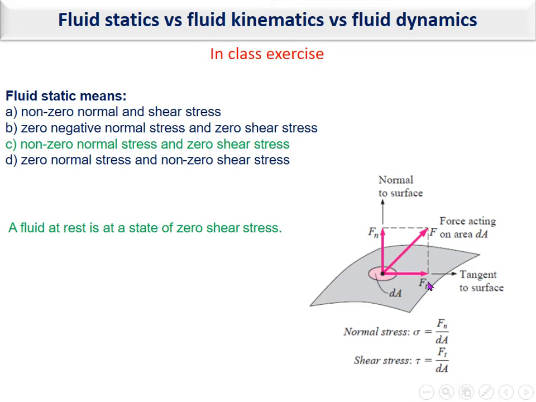So for a fluid at rest, the forces are always normal to the surface, because if it had an angle, then it should have a tangential component, but there is no tangential component. So in the fluid at rest, shear stress is zero and you have only normal stress.